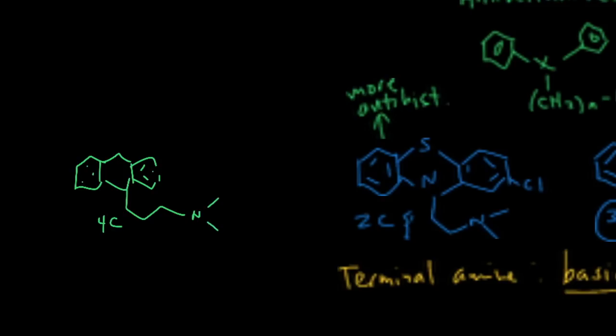Tertiary amine. Okay, so if everything was the same, what if I gave you a 4 carbon? Would you have less or more antipsychotic activity? You'd have less antipsychotic activity.